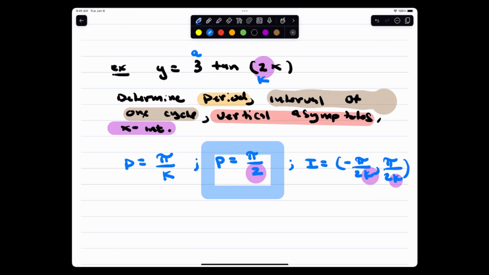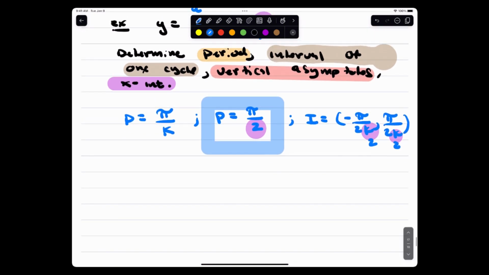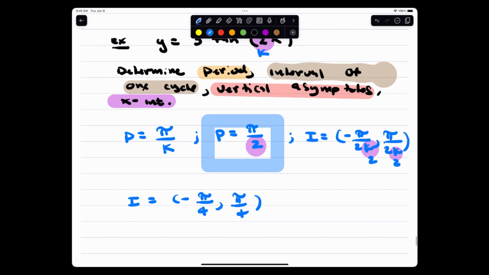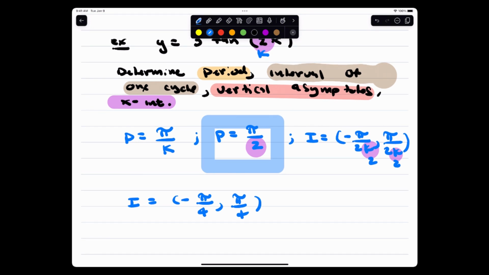And so if k here is the value 2, what is your interval of 1 cycle? What does that give you? Yup, it's going to give you negative pi over 4, positive pi over what? 4. Okay, you guys okay with that?